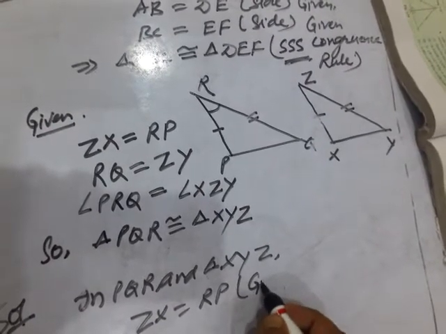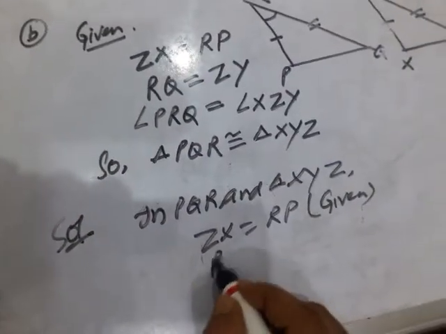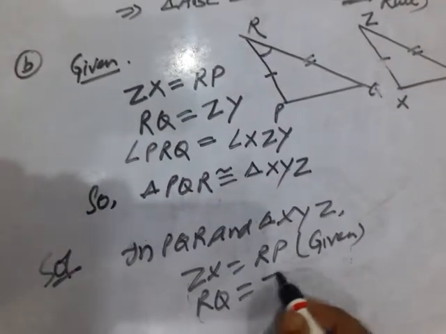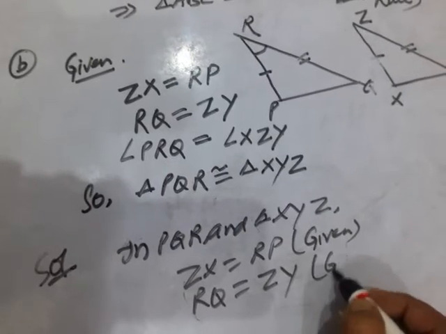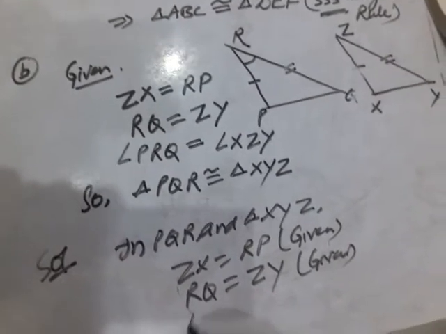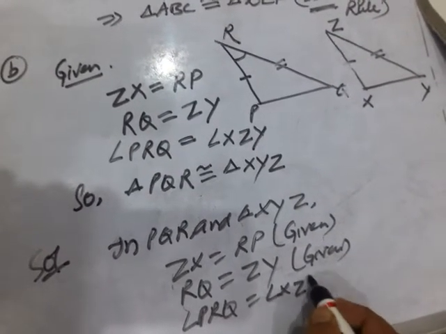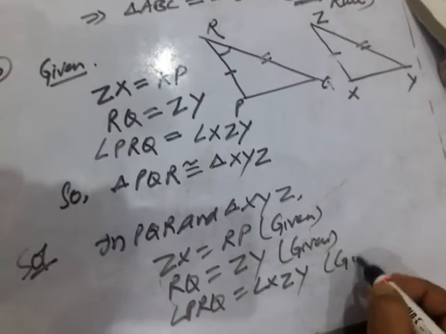This is a side that is given in the question. Clear? RQ equal to ZY, that is also given in the question, and they are sides. And angle PRQ equal to angle XZY. Clear? That is also given.